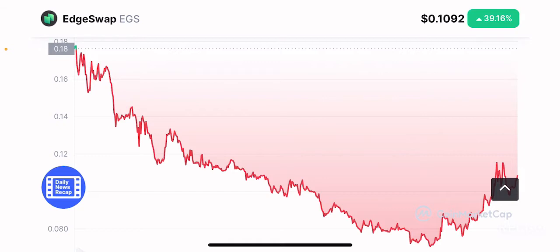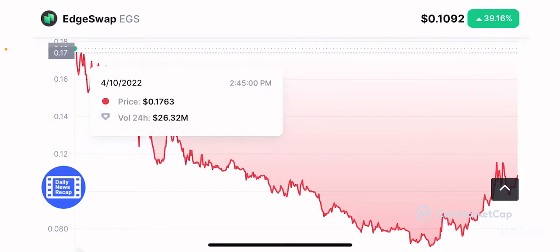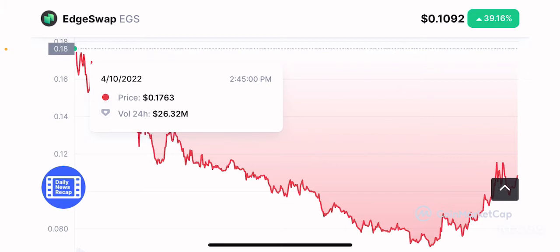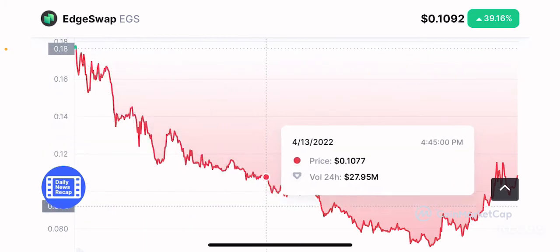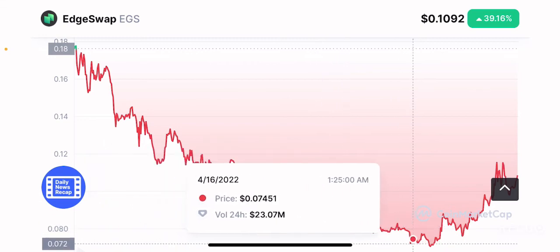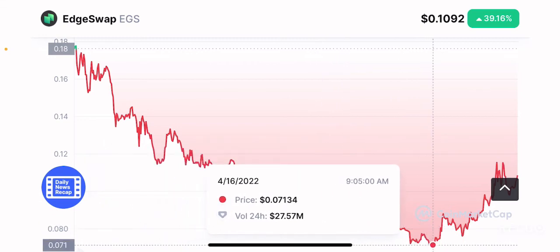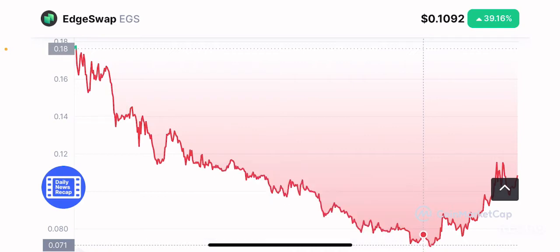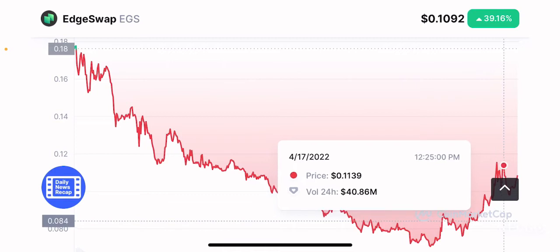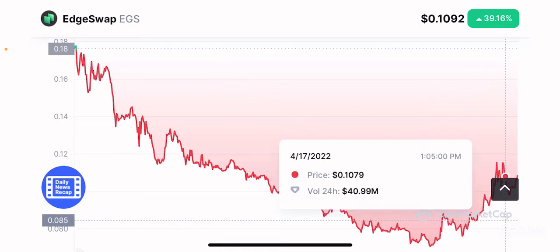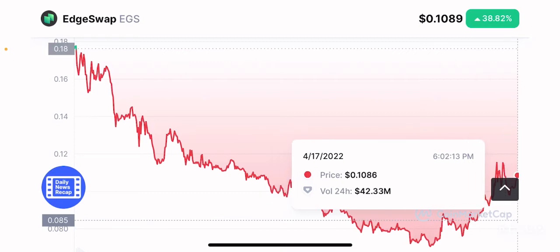So if you take a look at the price charts itself, the token was worth 17 cents per token as of 10th of April 2022, and since then the token has gradually bounced down to an all-time low of about 7.1 cents per token, and now it's recovered to a price of second all-time highs of about 11.39 cents per token as of 16th of April, and now it seems to be going up again.